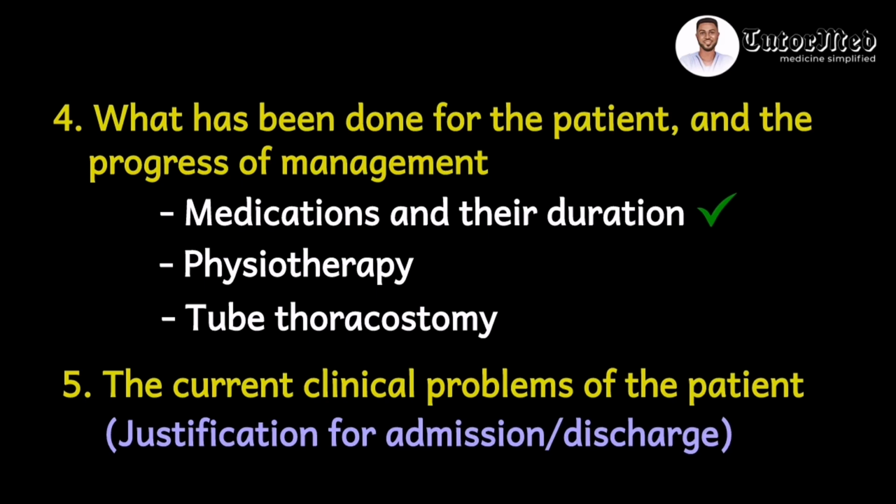And then while telling the current state and the clinical problems of the patient, we need to include the patient's vitals, especially if the vitals at presentation were abnormal. We need to compare. For example, you say SpO2 at presentation was 90 on room air, and now it is 98 on room air.